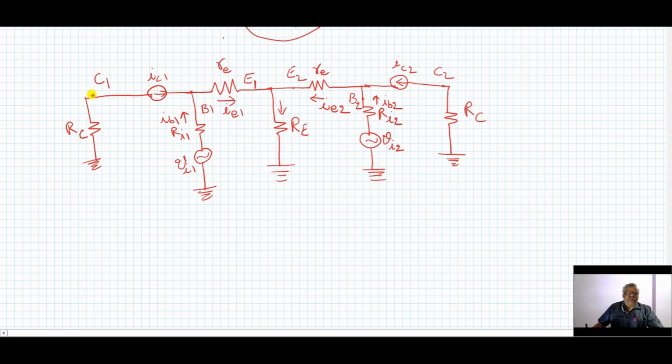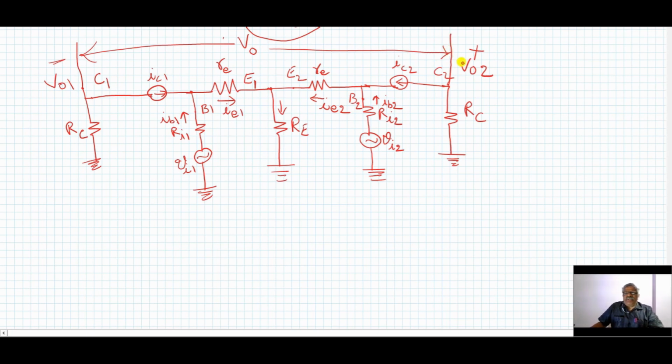Now to find out the voltage gain, we have to represent the voltages across the terminals. The voltage at collector 1 we are representing with V01, and the voltage at collector 2 we are representing with V02, and here positive polarity, here negative polarity, and final output voltage is between these two terminals, that we are representing with V0.